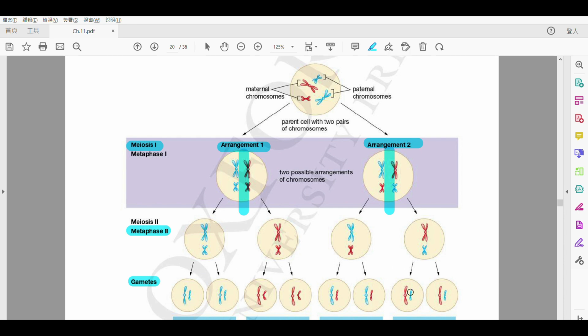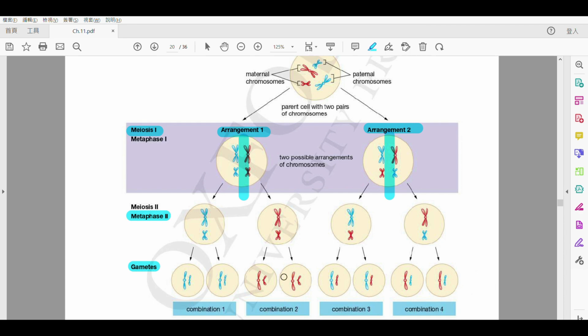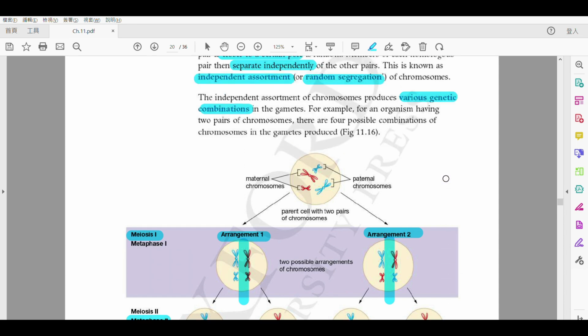Is it 8 outcomes? No, actually you can see that these two are the same, two the same, two the same, two the same. So in total it can make 4 combinations. 2 pairs of homologous chromosomes will form 4 possible combinations.